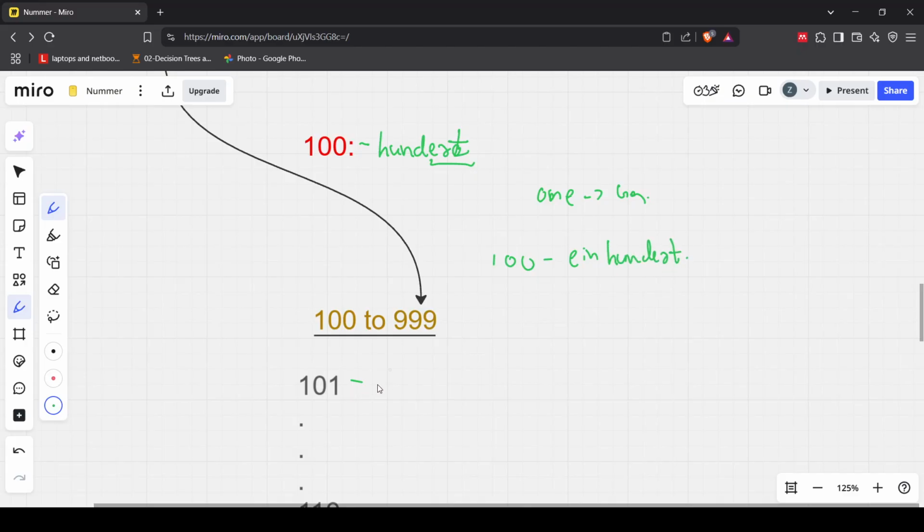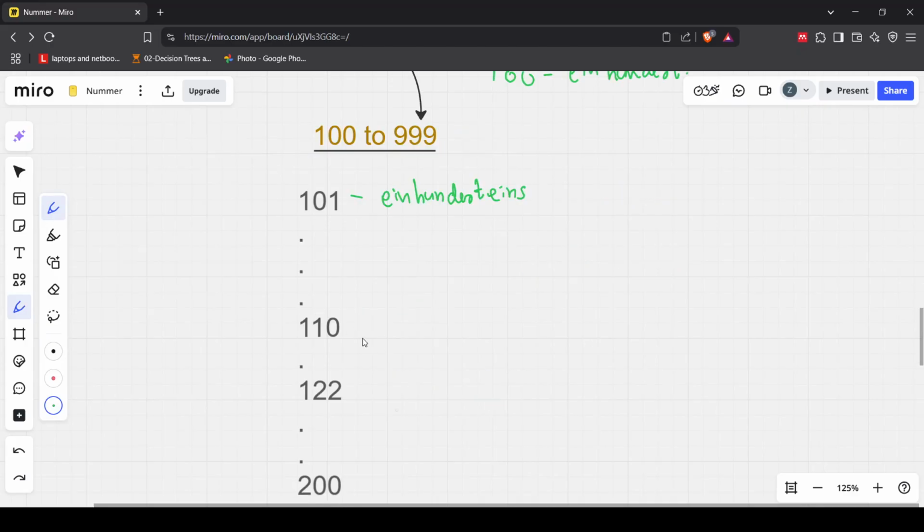So you can guess what this number will be. It is einhundert. And please note that there is no und in between 100 and 1. As in English, we usually say 101, but in German we will not say und in between. Hundert eins only.